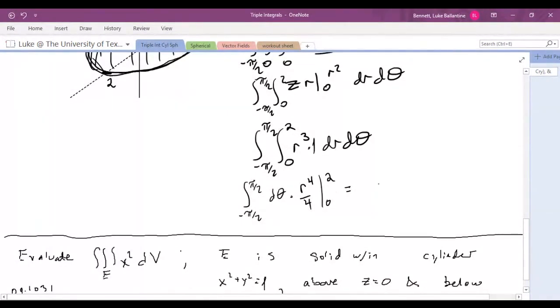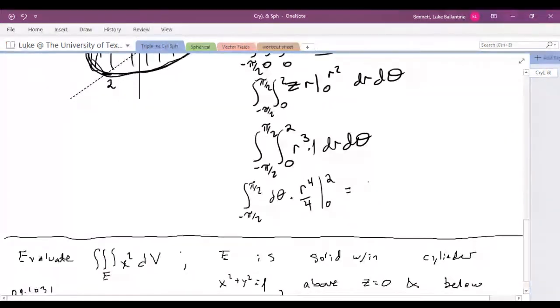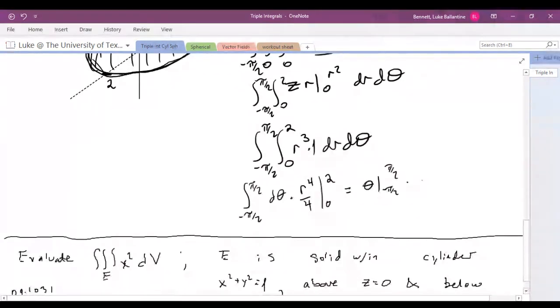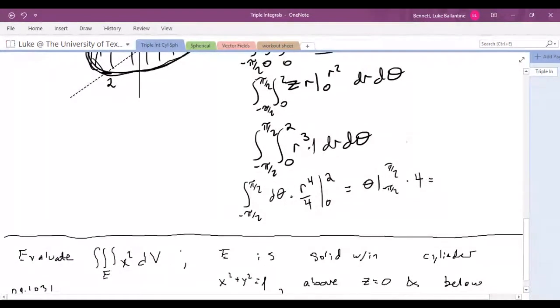Integrating d theta, we get theta, evaluated from negative pi over 2 to pi over 2. Then plugging in 2 for r, 2 to the 4th: well, 2 to the 3rd is 8, so 2 to the 4th is 16. 16 divided by 4 is 4. So this is equal to pi over 2 minus negative pi over 2 times 4. That's 4 pi.